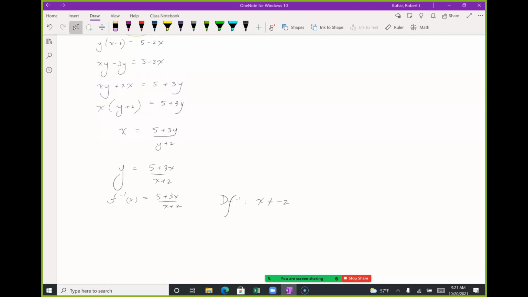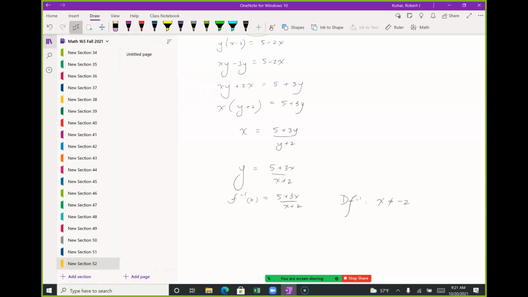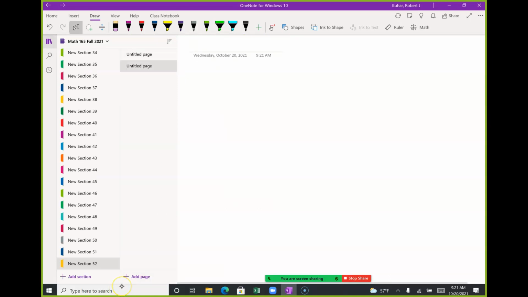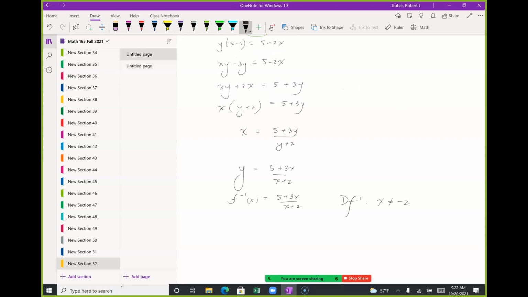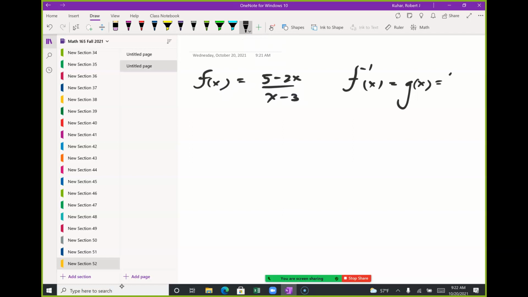So let me write my functions again here. f of x was (5 minus 2x) over (x minus 3). And f inverse, oops, sorry, which I'd rather call g, is (5 plus 3x) over (x plus 2).